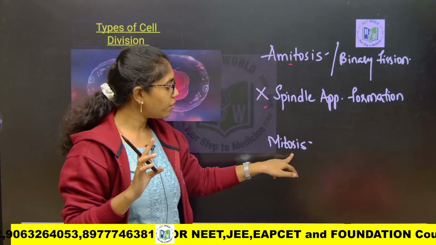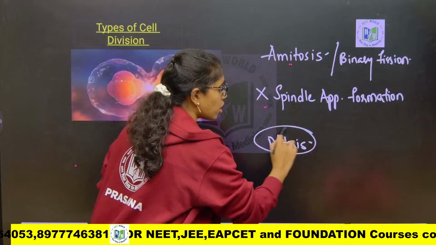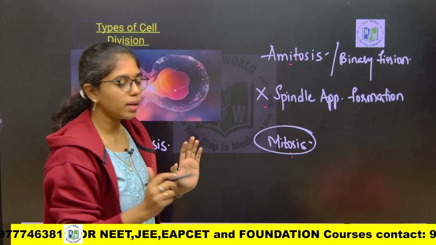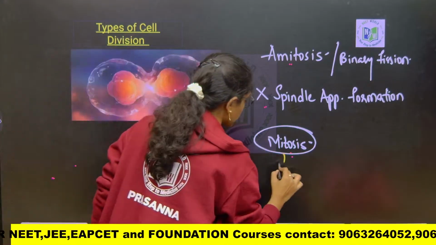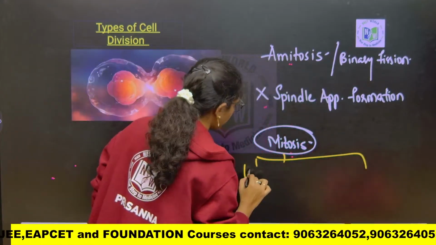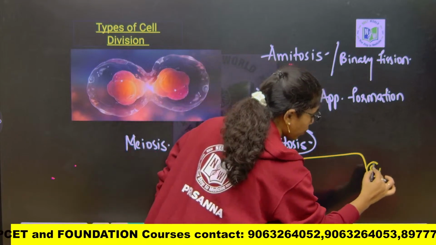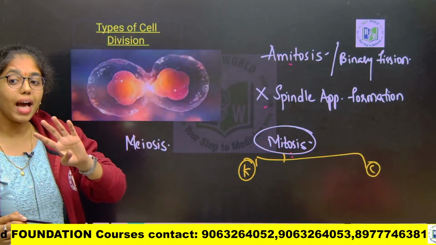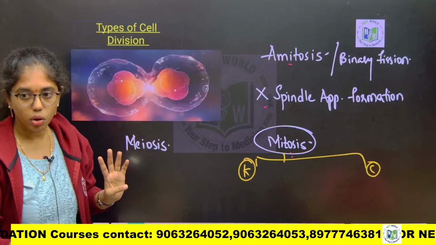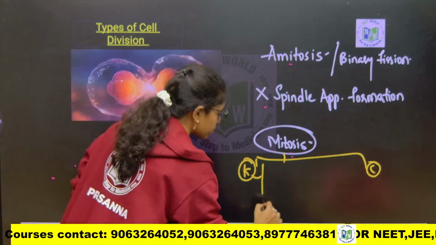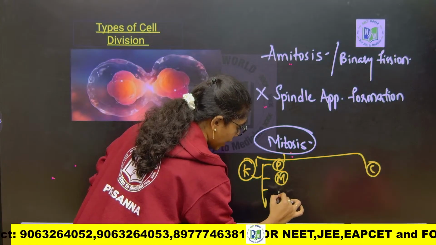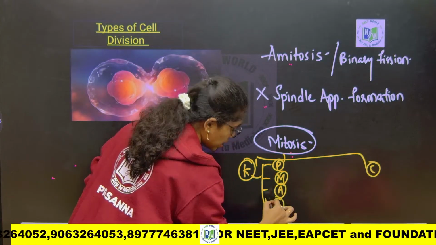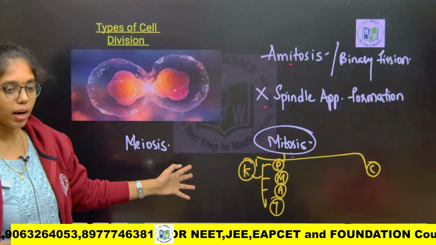Amitosis. And we have discussed like in mitosis, sequential events will happen. What are they? Karyokinesis followed by cytokinesis. Karyokinesis will be having 4 substages. What are they? Prophase, metaphase, anaphase and telophase. These are the 4 substages under what?